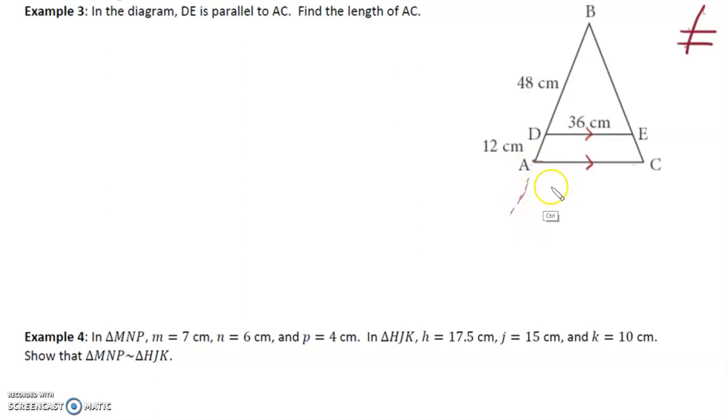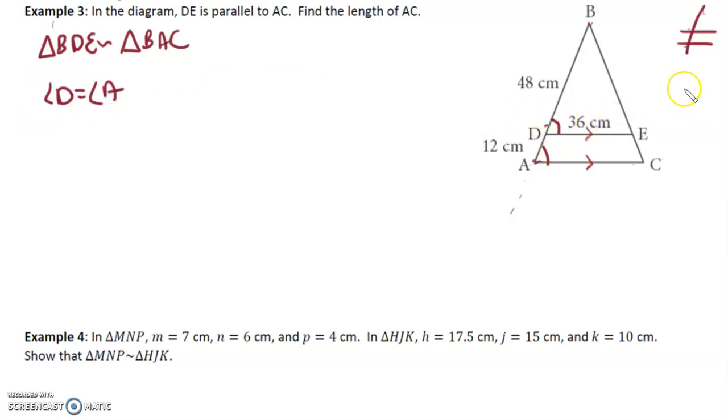So we will treat this as though angle D and angle A are equivalent. Let's first make a statement. Triangle BDE, going in this order, is similar to BAC. Angle D equals angle A because of the F pattern. Remember the F pattern?